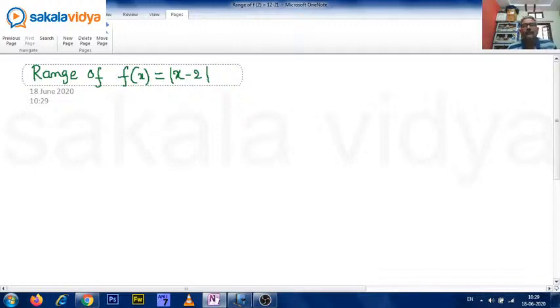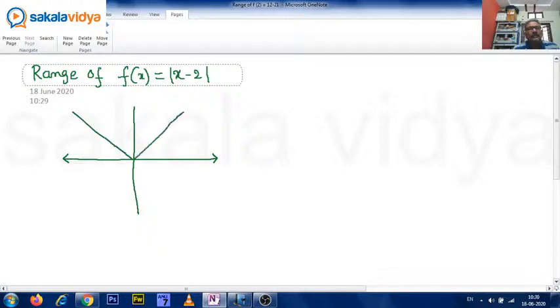See, first let us draw the graph of f of x equals mod x. This is the origin.